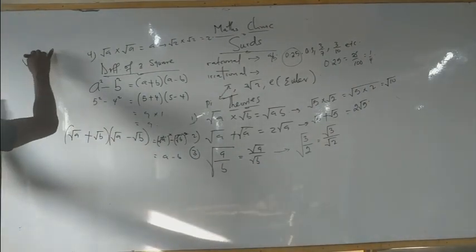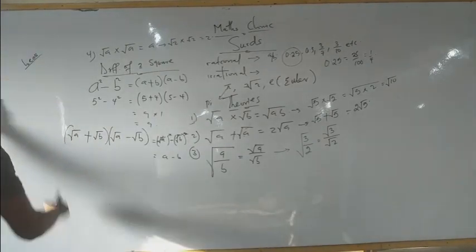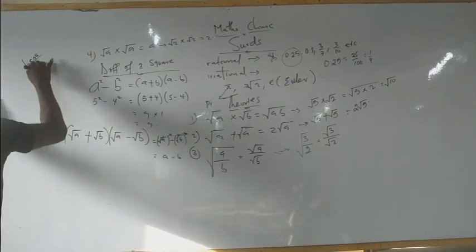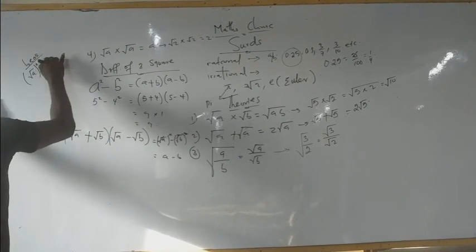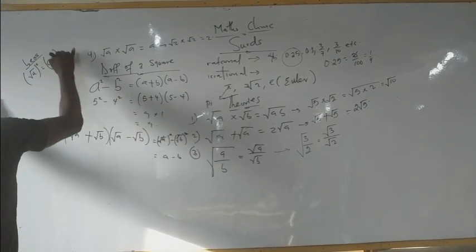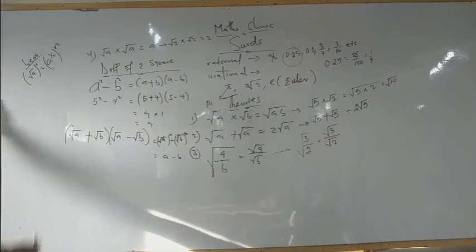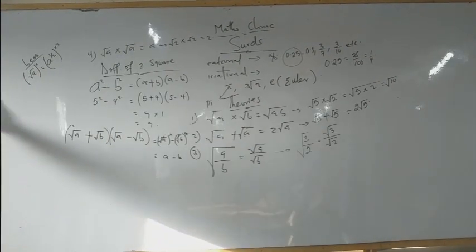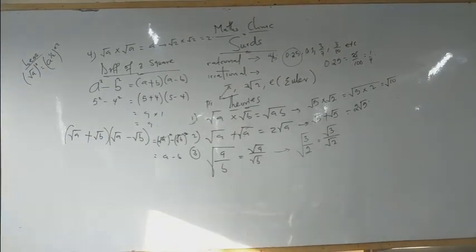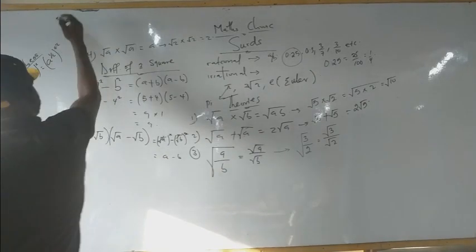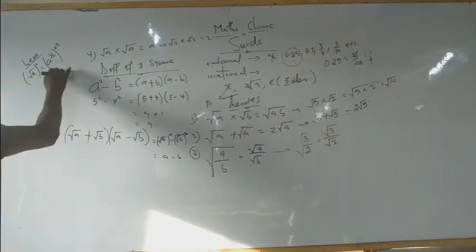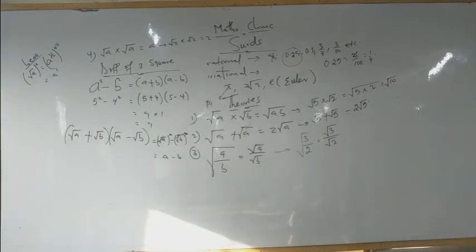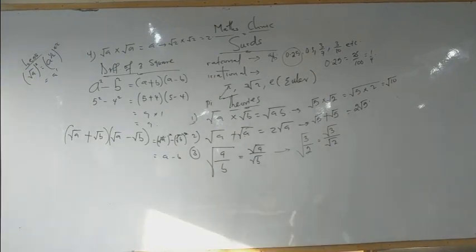Simply because root A all raised to the power of 2 is A raised to the power of half, all raised to the power of 2. When you have root, it means raised to the power of half. So this and this will cancel, and that will become A raised to the power 1, which is A. That's A minus B. Okay?